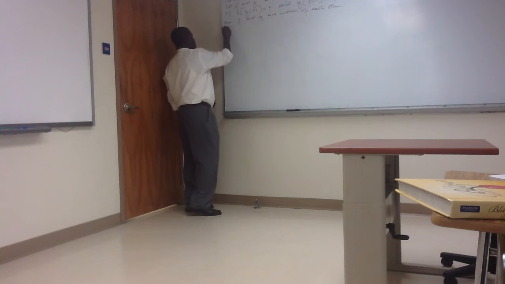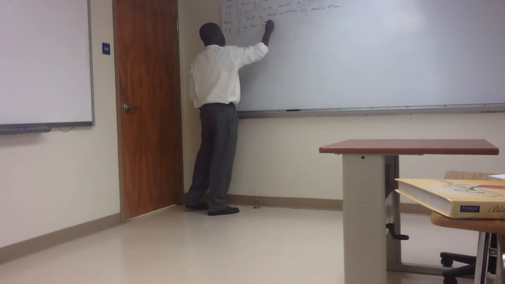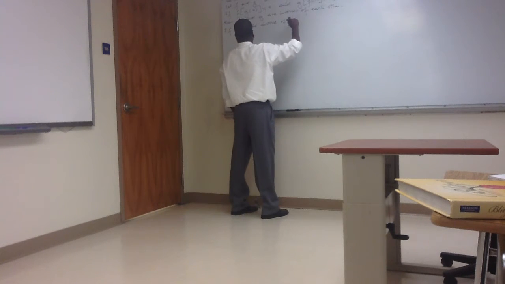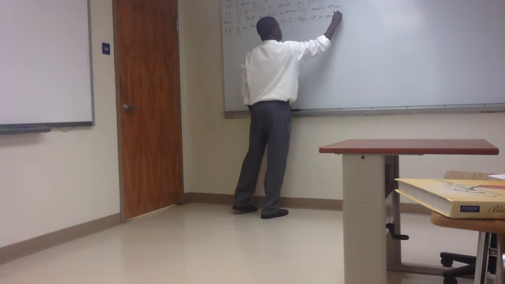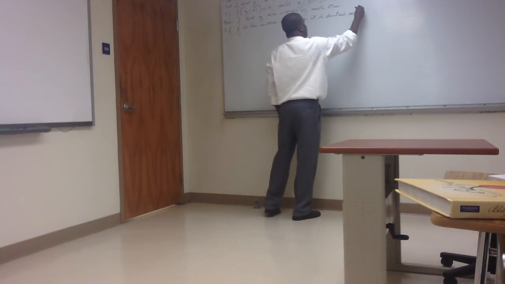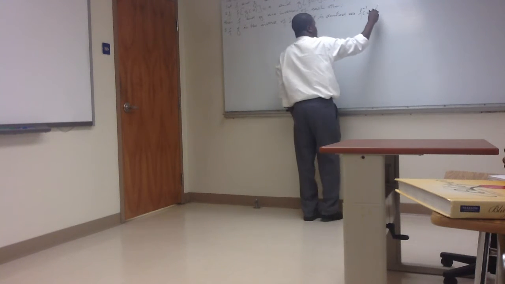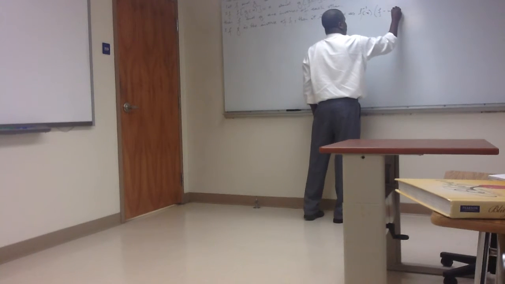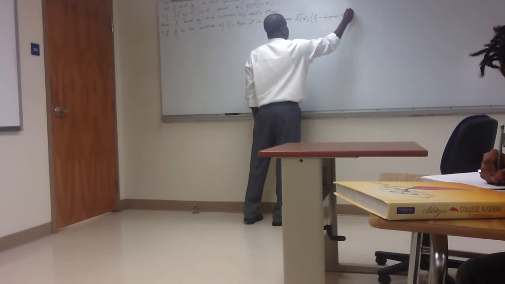So if g is the inverse of f, then it is denoted as f inverse of x. And I put it in parentheses so you'll know this is f inverse. That's how you read it, okay? Not f to the power of -1, it's f inverse of x. That's how you read this thing.